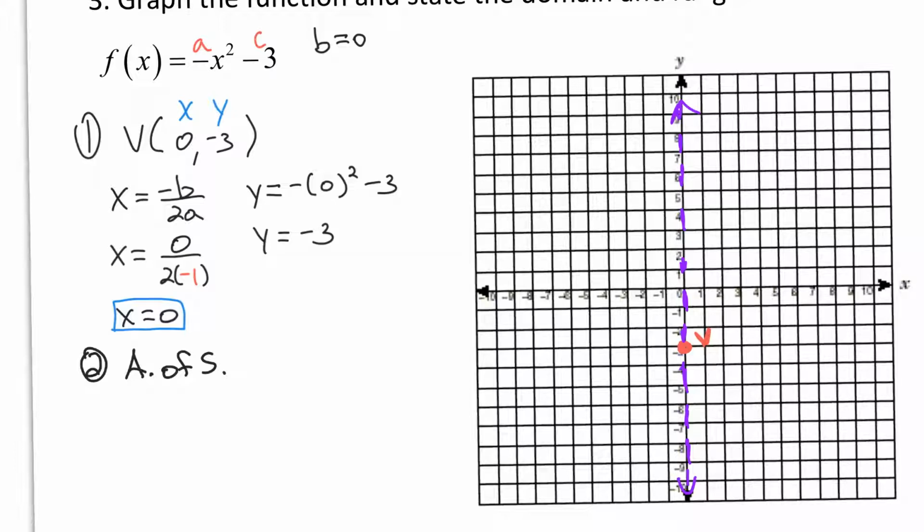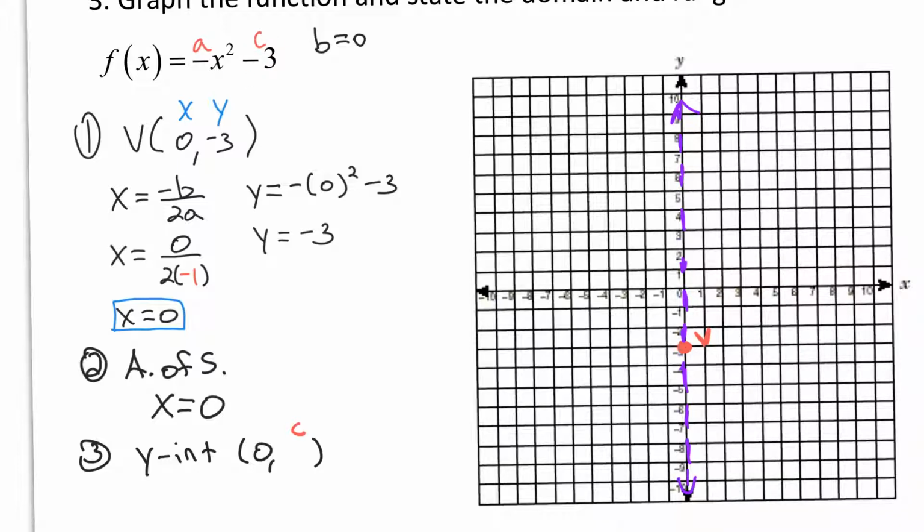So the equation of the axis of symmetry will be x equals your x value in your vertex. So the x coordinate is the same one, same equation for the axis of symmetry. So we put 0. Step number 3, I'm going to find my y-intercept, and remember that we start with the 0, that's your x value, and then your c value in that function up here, c is going to be your y-intercept.